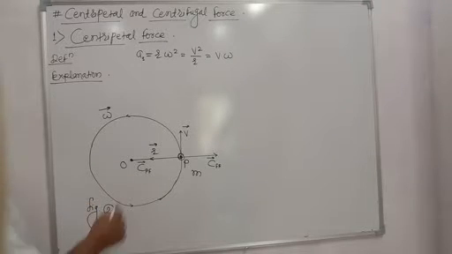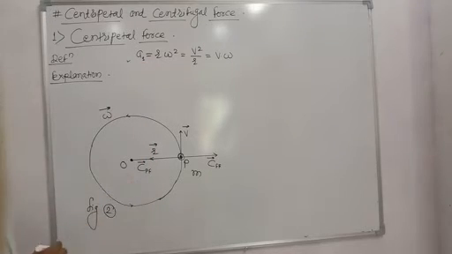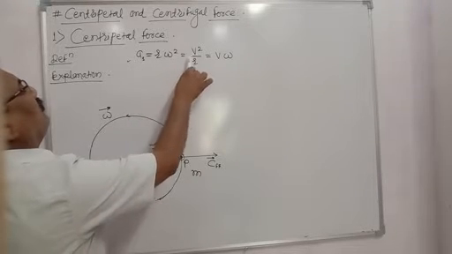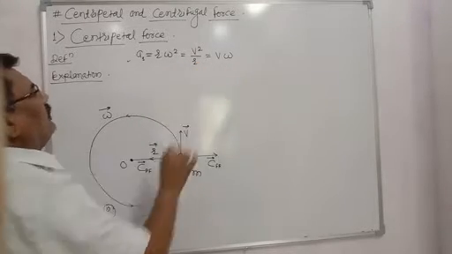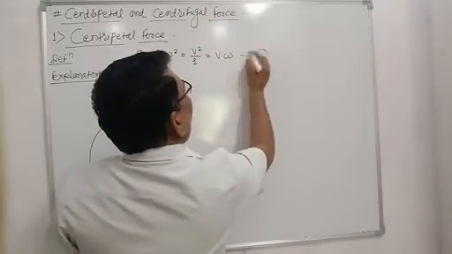Let a_R be the radial acceleration of the particle, which is given by a_R = R omega square, or V square upon R, or V into omega. Let this be equation number 1.